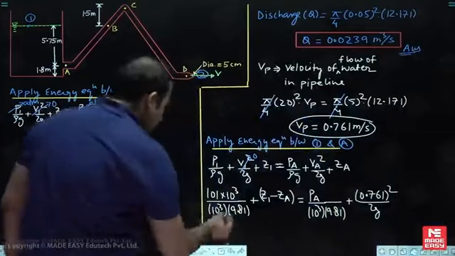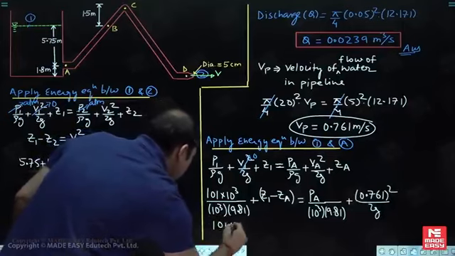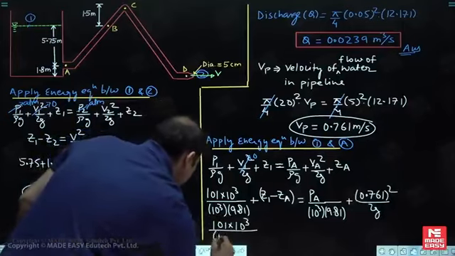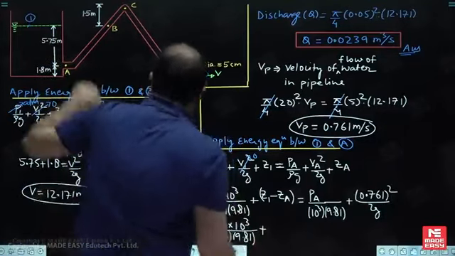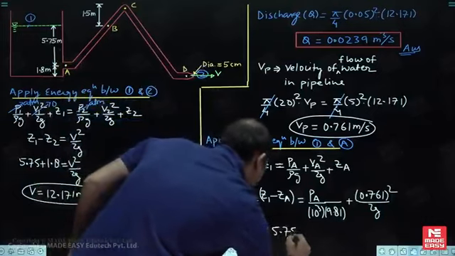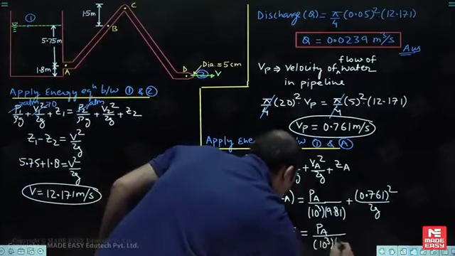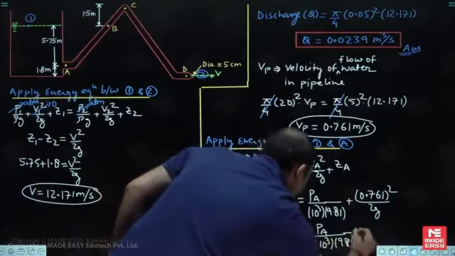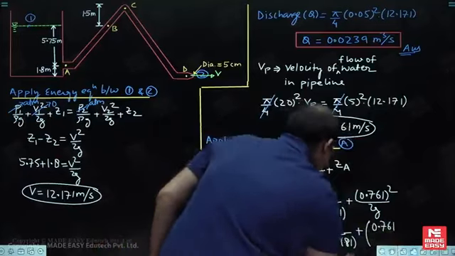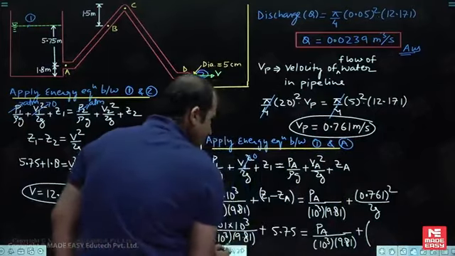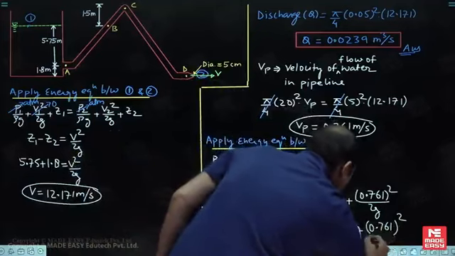So this is your 101 into 10 to power 3, 10 to power 3, 9.81 plus this value is equals to 5.75, is equals to PA 10 to power 3, 9.81 plus this is 0.761, this is 0.761 square divided by 2g.